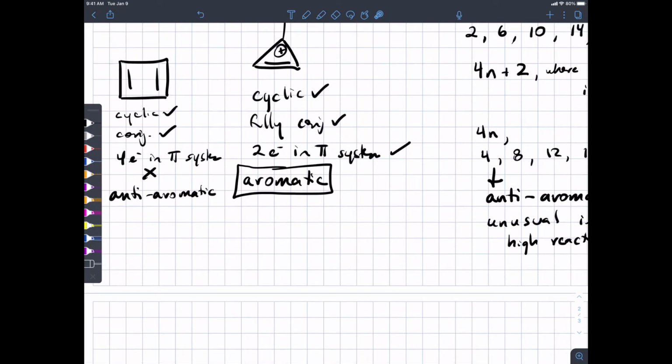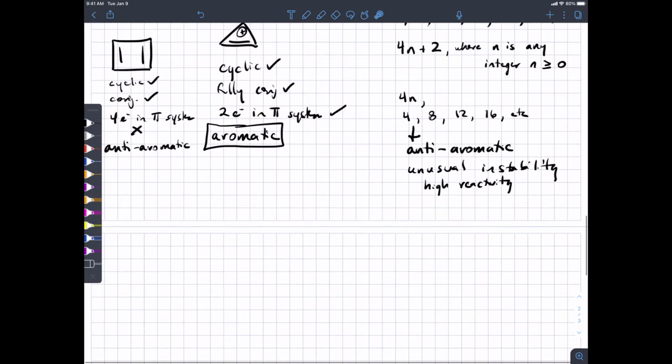Molecules that are anti-aromatic will often distort their geometry such that the conjugation isn't as strong as it once was. So if you can imagine cyclobutadiene making these sigma bonds a little bit longer, that breaks some of the conjugation. If you can imagine cyclobutadiene sort of puckering so that the pi bonds are a little bit twisted relative to each other, that would break conjugation, and that prevents it from being fully anti-aromatic.